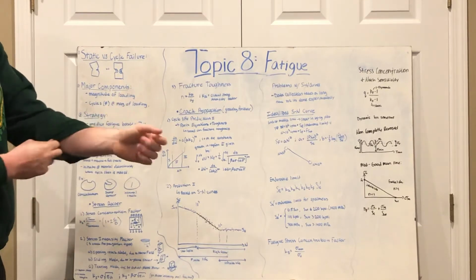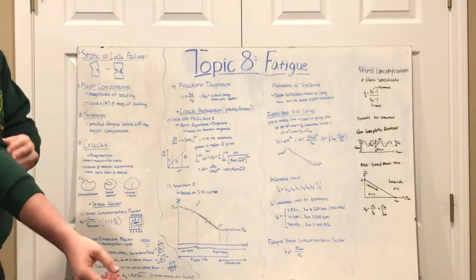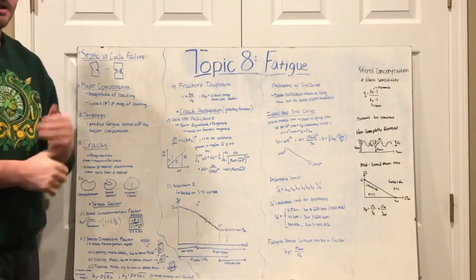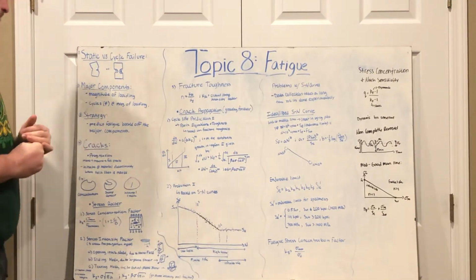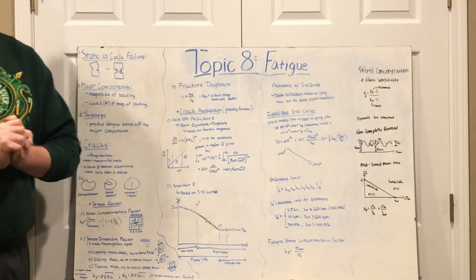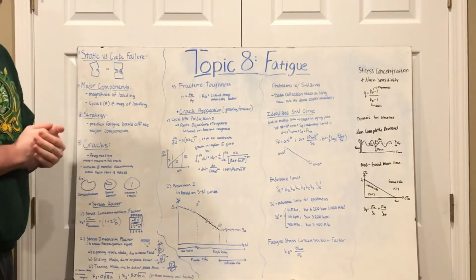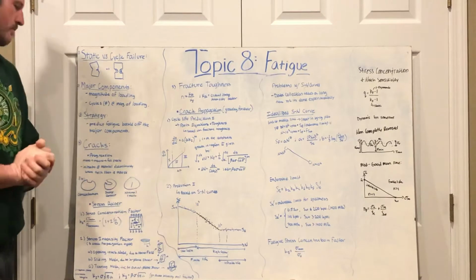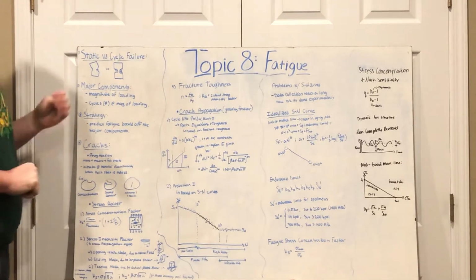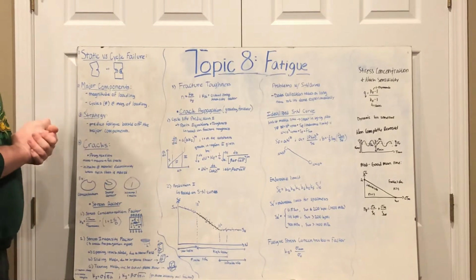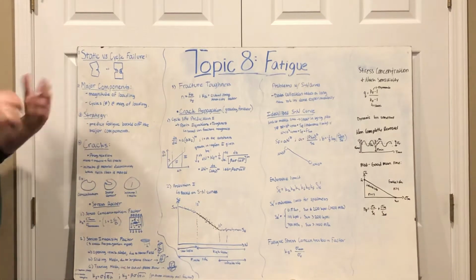Those two factors together contribute to the cyclic failure of a component of machinery. How can we approach fatigue and failure? We can predict the fatigue based off of these two major components: the magnitude of loading and the number of cycles at that magnitude.